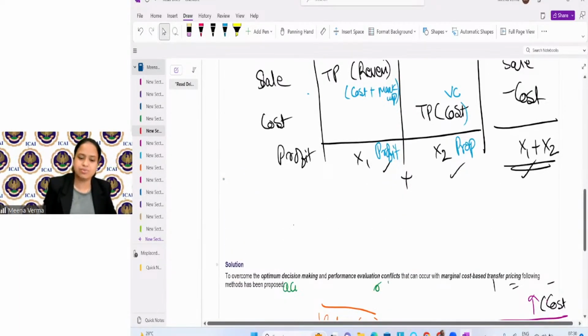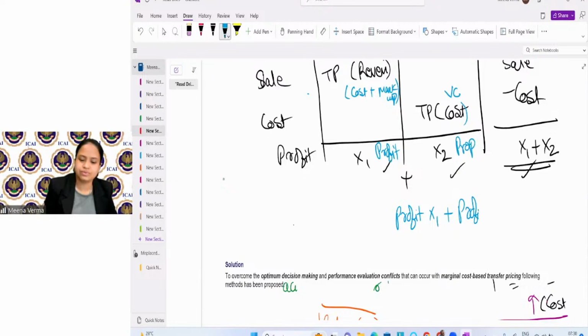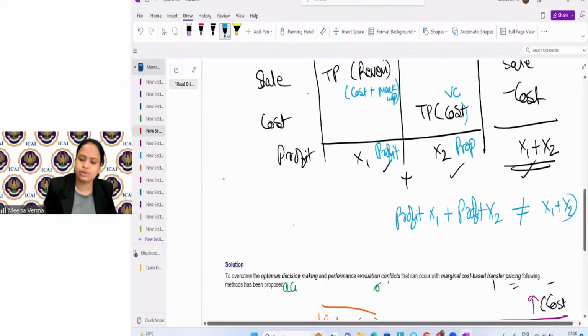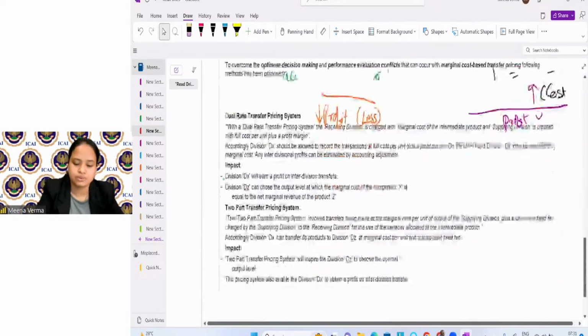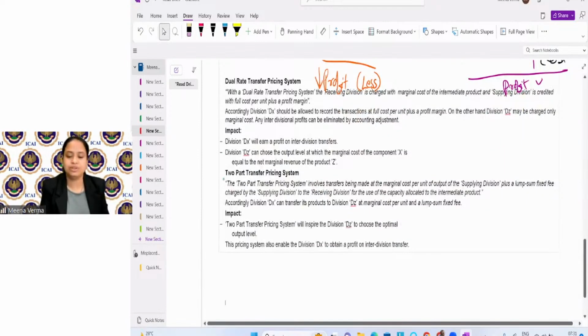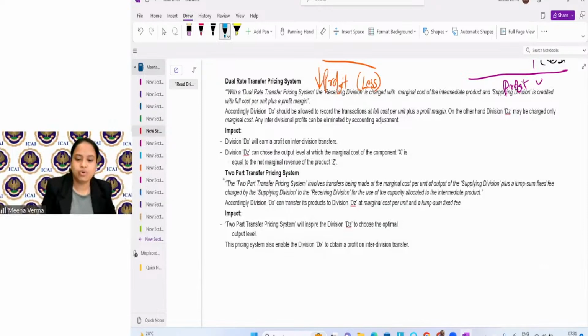If the transfer price is different, then the profit of X1 plus the profit of X2 will not be equal to the company's overall profit. So you have to make an adjustment to make it equal, and this is what is written here. So what will happen if you decide different transfer pricing for both the divisions?